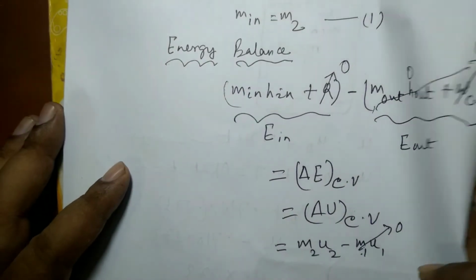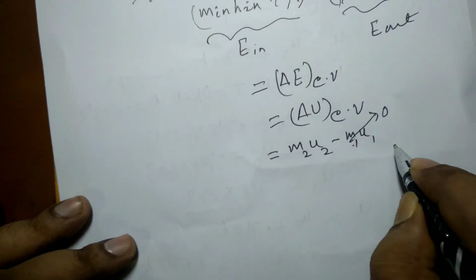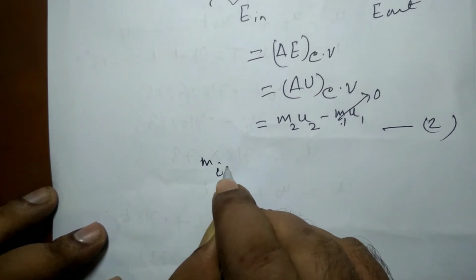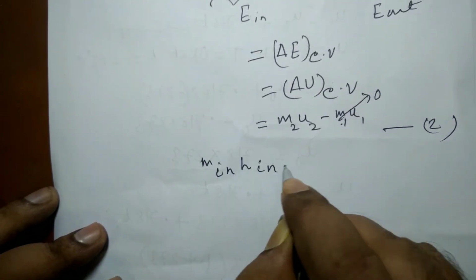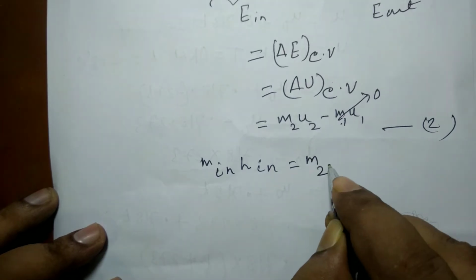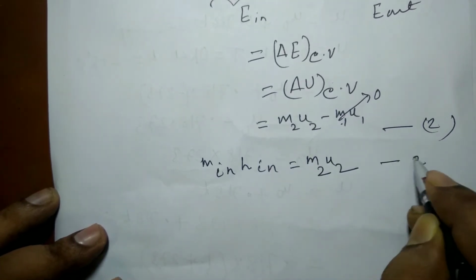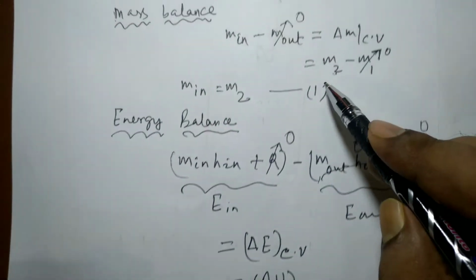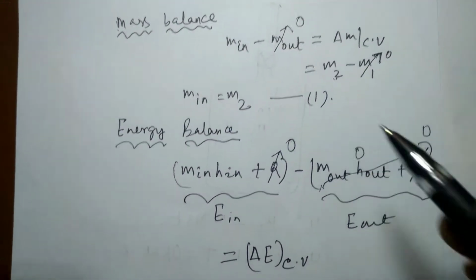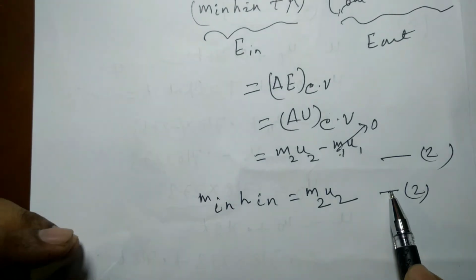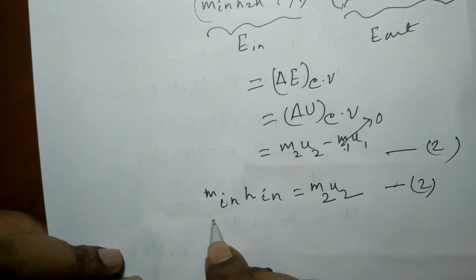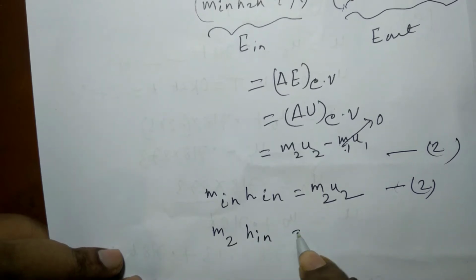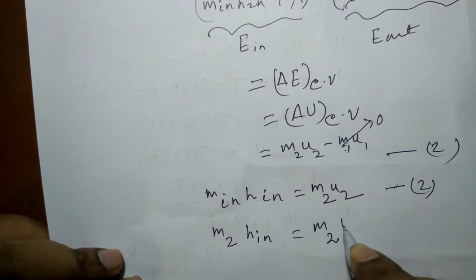So now the equation reduces to, suppose this is equation 2, the energy balance equation, M in h in is equal to M2 u2. From equations 1 and 2, combining them together, in place of M in I will write M2, so M2 h in is equal to M2 u2.